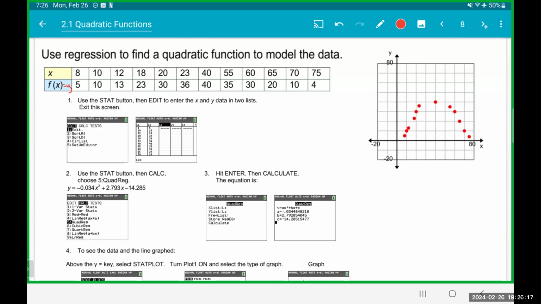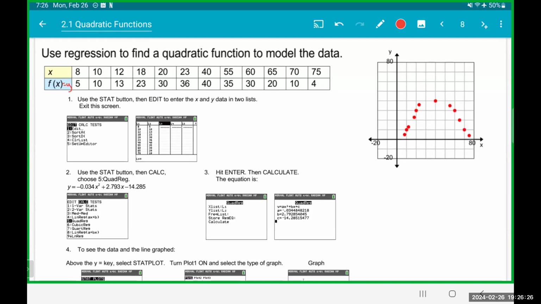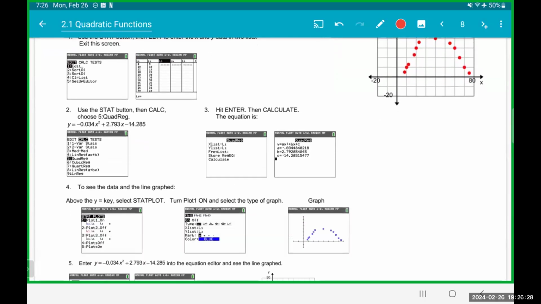For y, I would enter 5, 10, 13, 23, etc. Once I've entered those two into my list of data, then I can go to the stat button, hit calc, and choose number 5. I want to do a quadratic regression and enter this formula here.